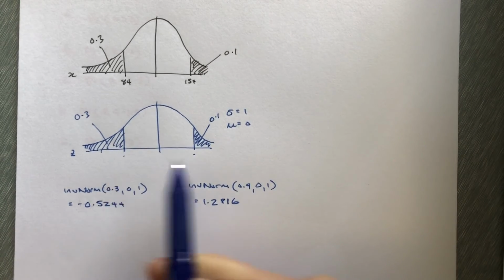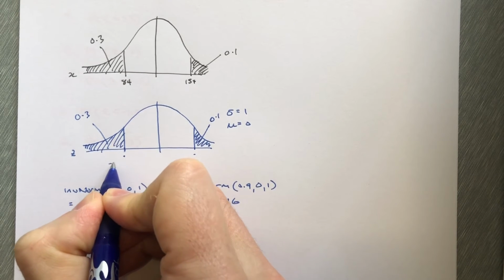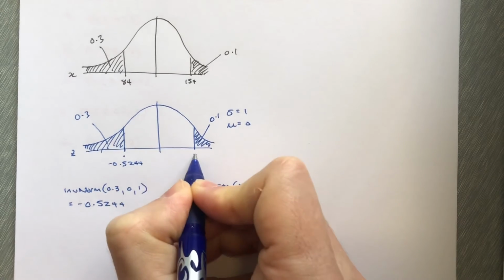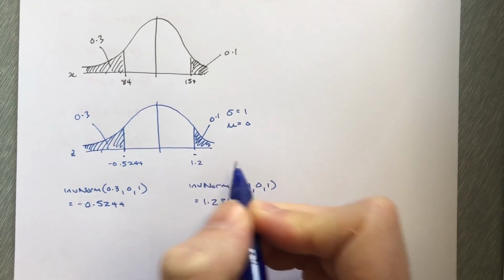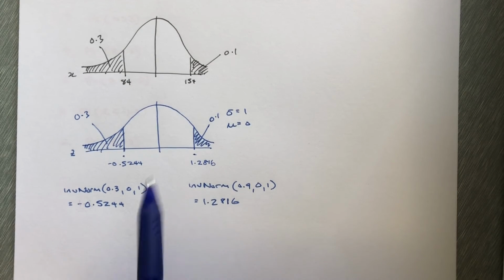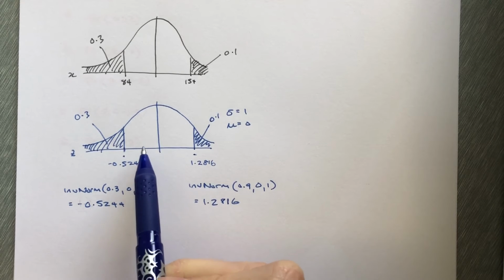Cool, so we've just found both of these things. So this one here is 0.5244. This one here is 1.2816. Now what that's saying is that we're minus half a standard deviation.